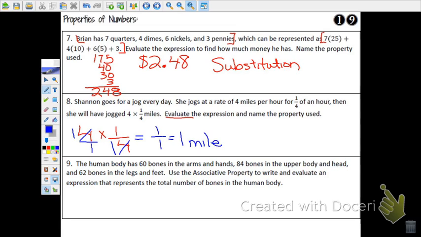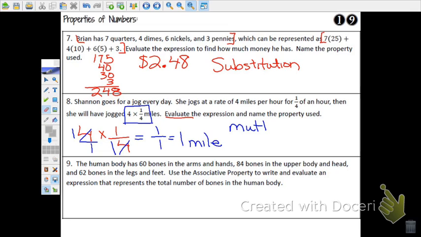They also want me to name the property used. So if I focus back on this problem that I had, 4 times 1/4, which property is being used here? Multiplicative inverse.